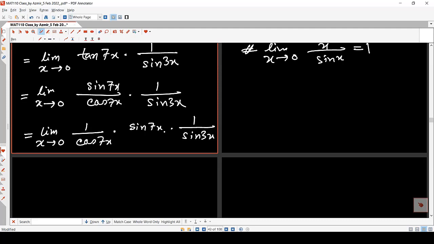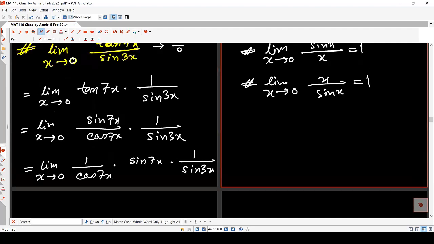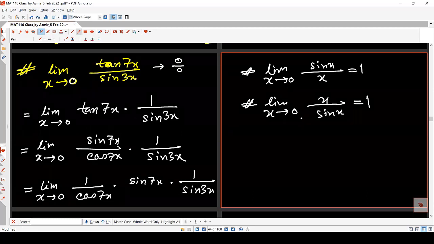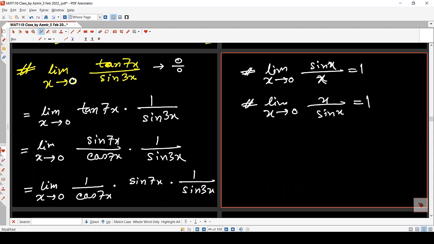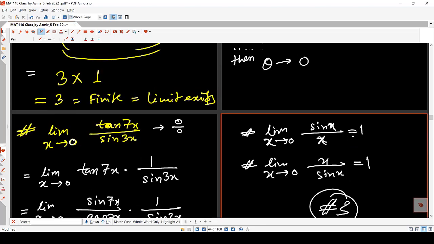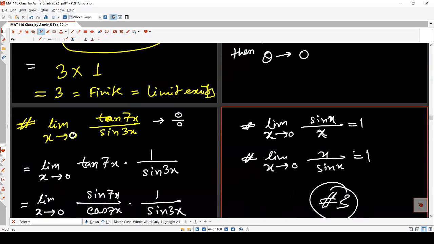I have written all the terms in product form, but in a different way, so that I can apply these limits. These formulas can be applied if we have x, x, and x. That means the same variable should be in 3 positions.